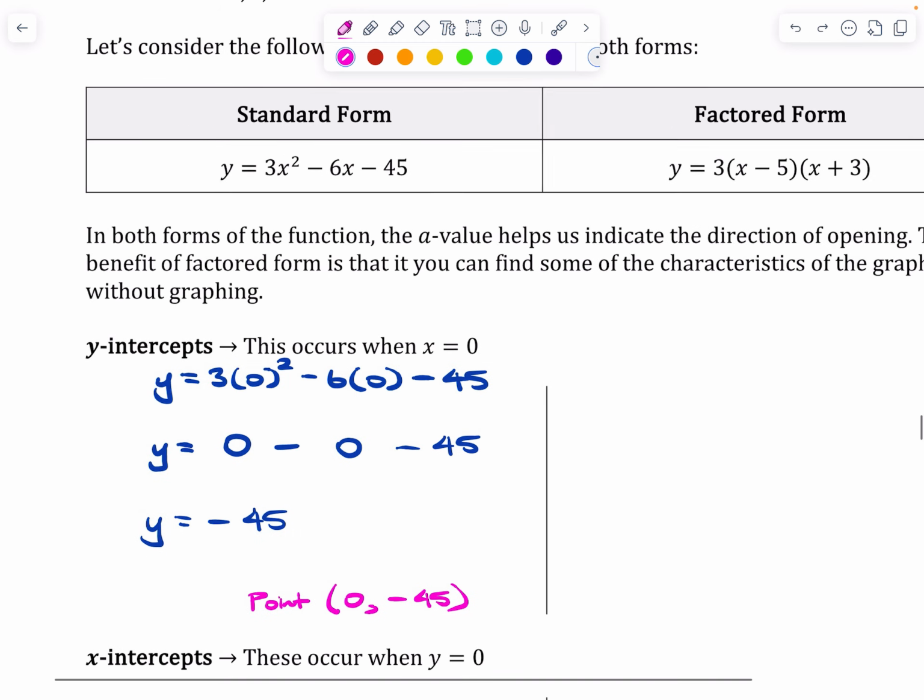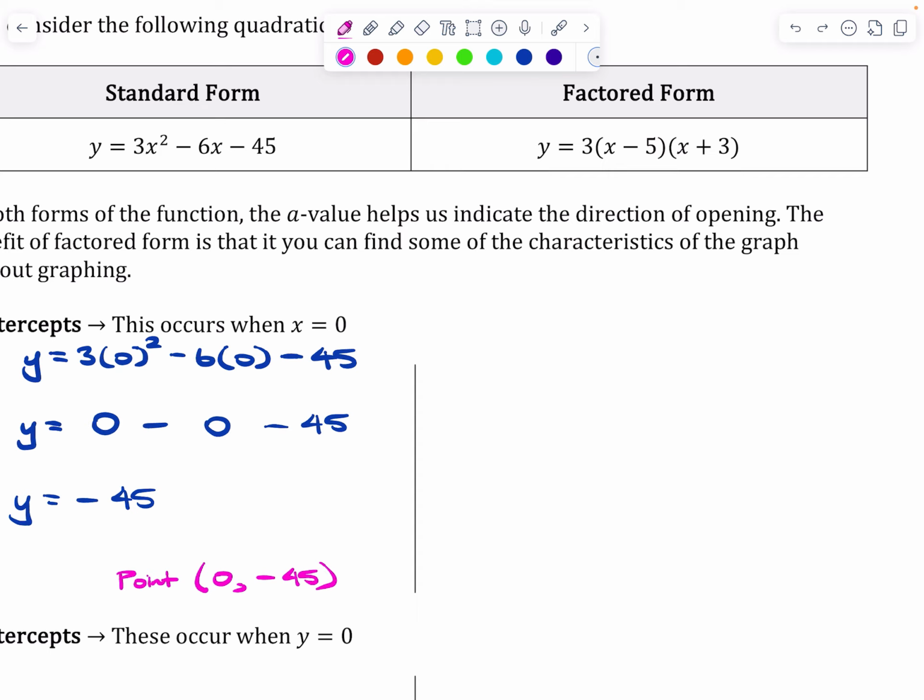It's not the worst to get it from factored form either. Again, we're just letting x equal 0. So where it says y equals 3 times (x minus 5) times (x plus 3), we will write 3 times (0 minus 5) times (0 plus 3). And then just figuring out what that is equal to.